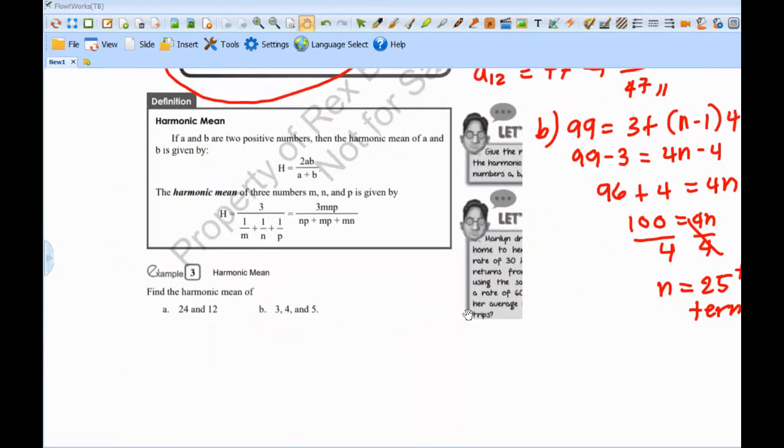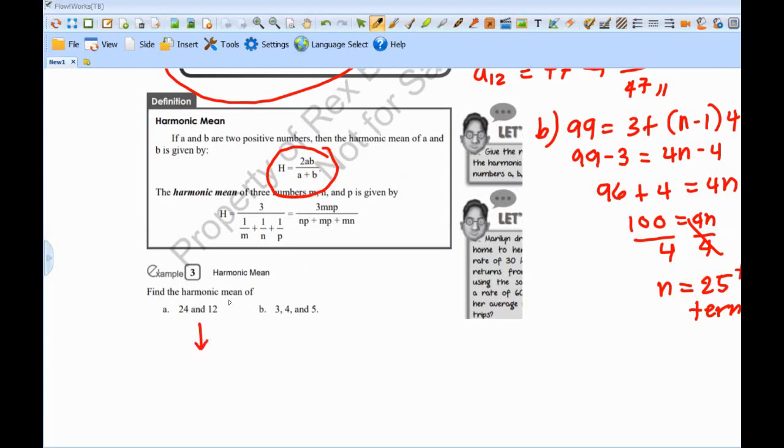Now, we have the harmonic mean. The harmonic mean formula is this. If A and B are two positive numbers, then the harmonic mean of A and B is given by this formula: 2AB over A plus B. If there are three, this is the formula. Okay? So let's start. Find the harmonic mean of 24 and 12.